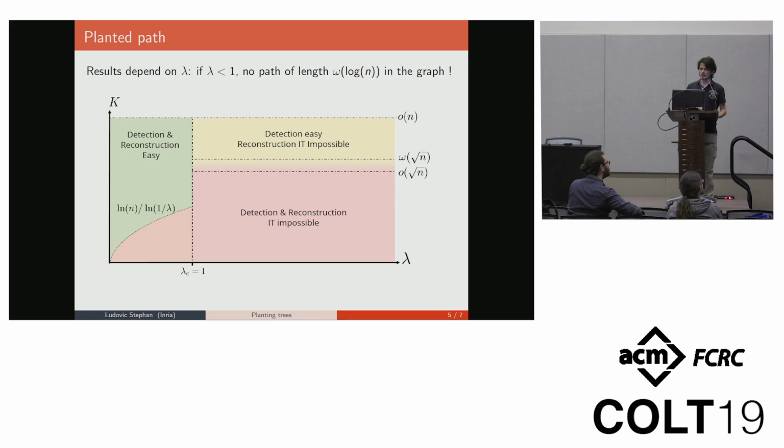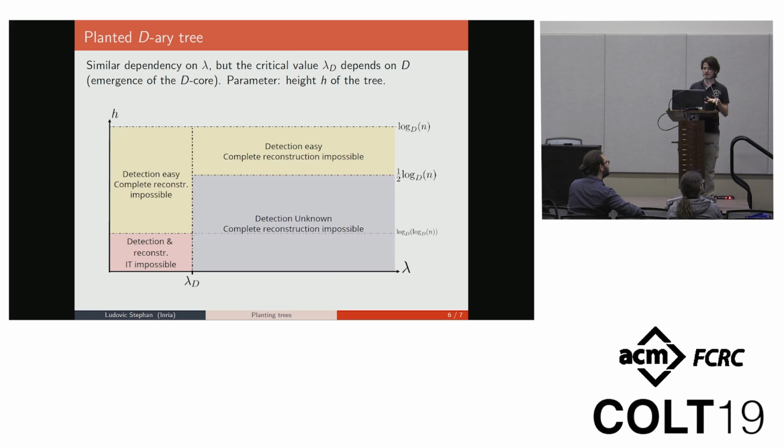On the other hand, for the planted d-ary tree, we have a similar dependency on lambda, but the critical value lambda d is not 1 anymore, it depends on d. It's actually the critical value for the emergence of the d-core in random graph theory. Here we chose as a parameter the height h of the tree for simplicity of results.